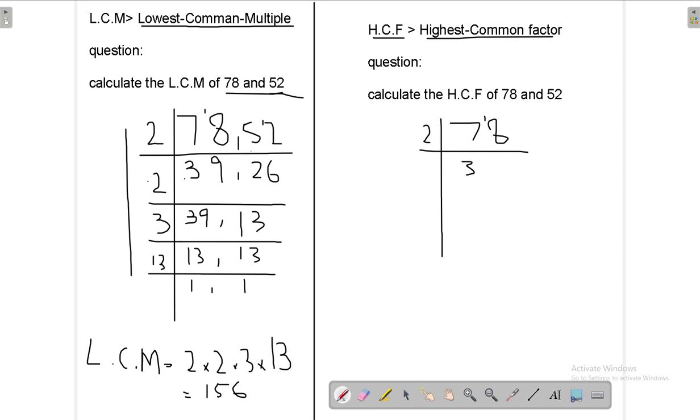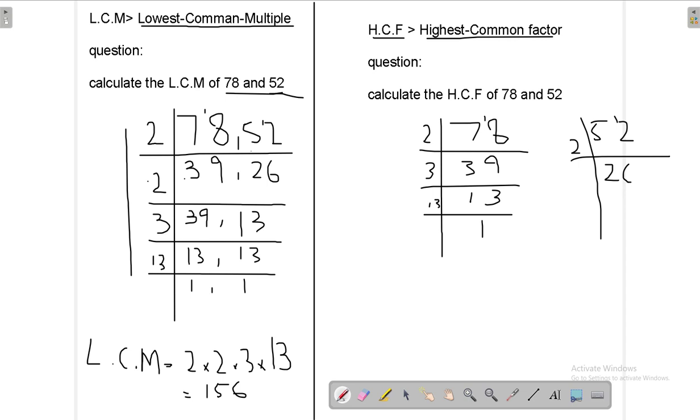We're going to carry it on, and it is actually 2 into 9, which is 18, and then 3 into 1 is 3, and 13 into 1, which is 13. Obviously 52 we're going to go with separately as well, and we're going to divide with the least number, and 2 into 1 equals 2. So here we go, this is completed.